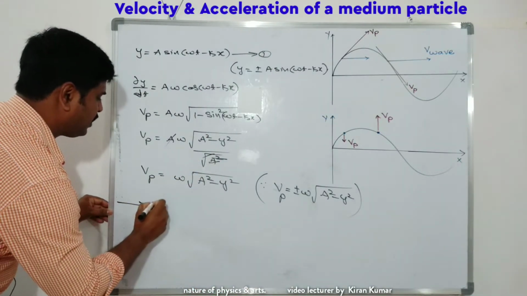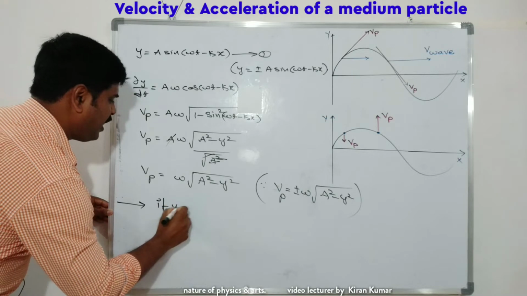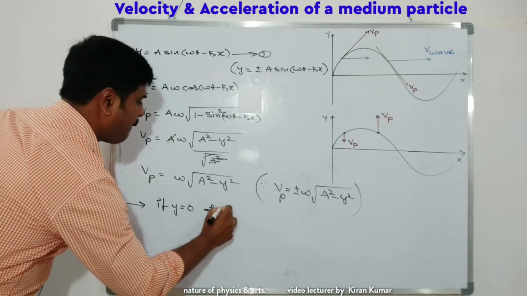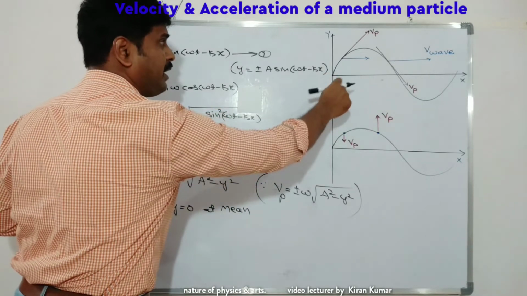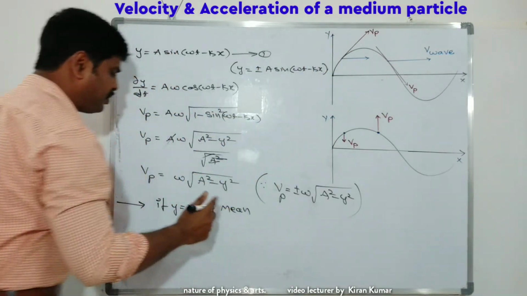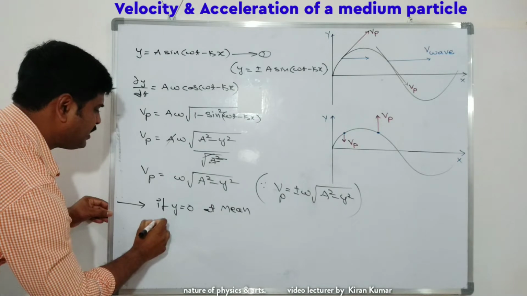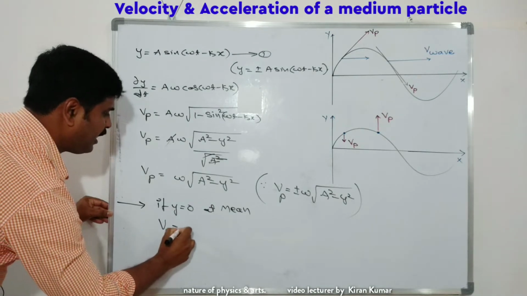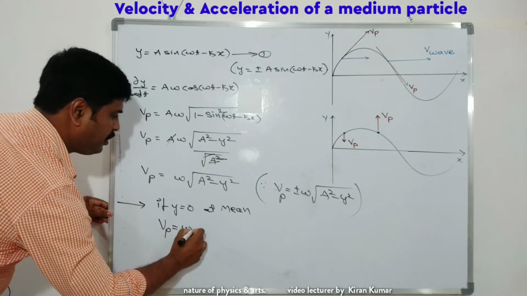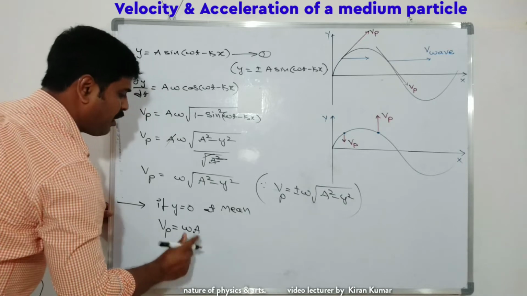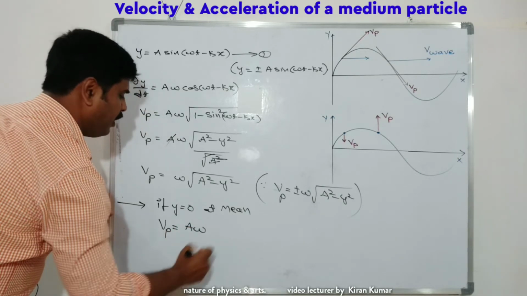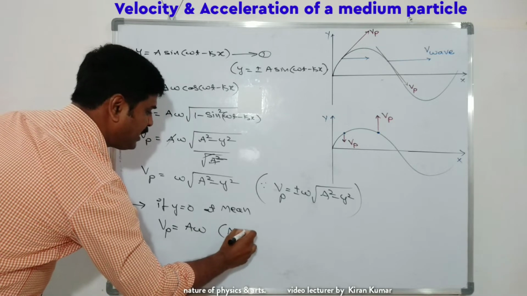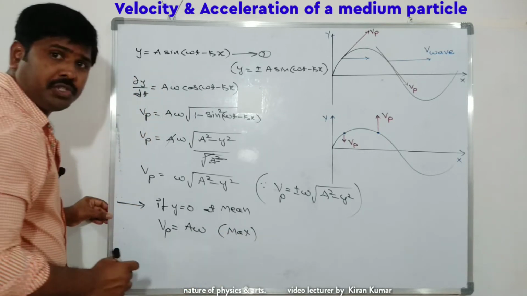The first condition: y = 0 at the mean position. This is the mean position, and this is the extreme position. At the mean position y is 0, so the velocity of the particle is ω times a, that is aω. So the velocity is maximum at the mean position.